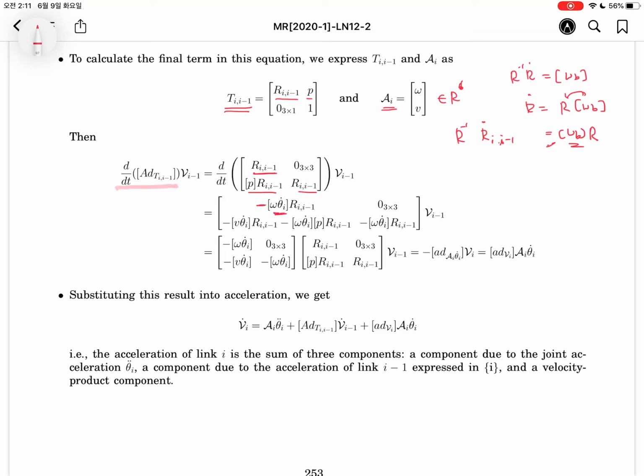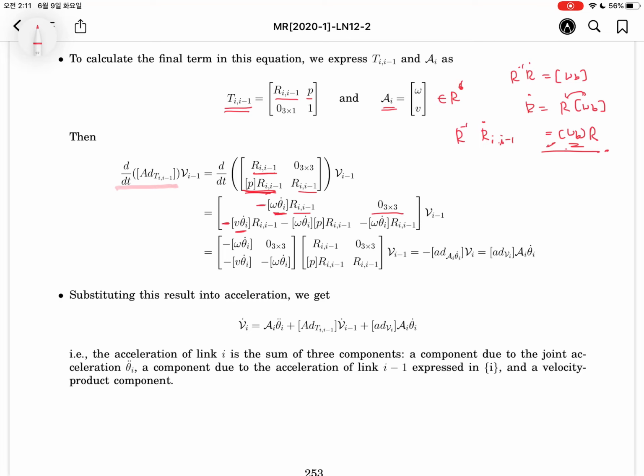And then R according to this definition, and 0, and then it has two terms. The p dot is equal to v θ_i dot, but p indicates from i to i-1, so this is the minus direction, so minus is required.